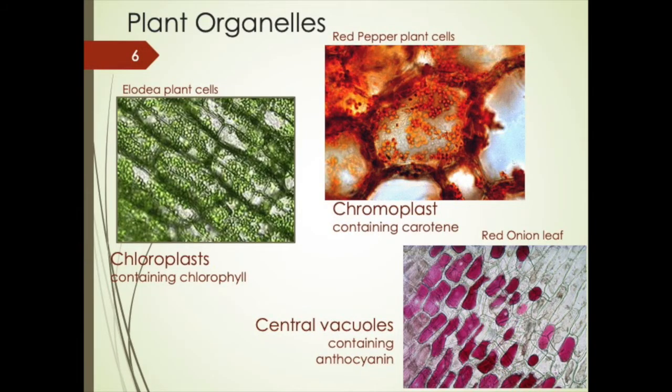Other plant organelles: chloroplasts are green because they contain the chlorophyll, right? And then chromoplasts are orangish, and you can see that going around that vacuole. It's going around the vacuole, inside the cytoplasm, as opposed to the anthocyanin, which is inside the central vacuole.